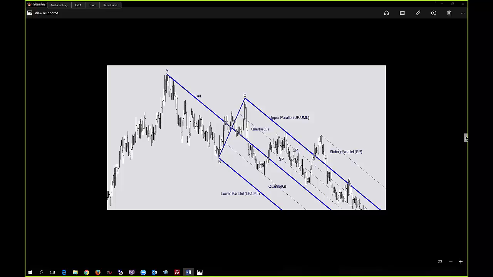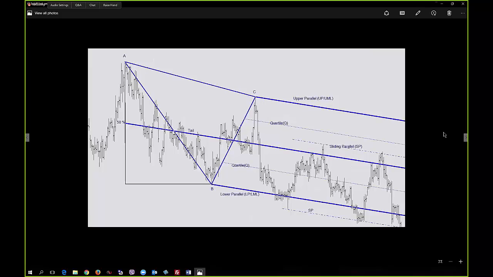So then moving on, we've got another type: the shift pitchfork. What does a shift pitchfork do? If you look at the price from A to B, the A point moves down 50%, thereby changing the angle or slope of the market.